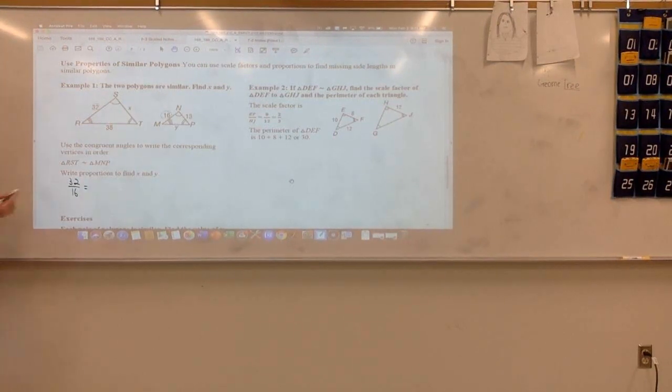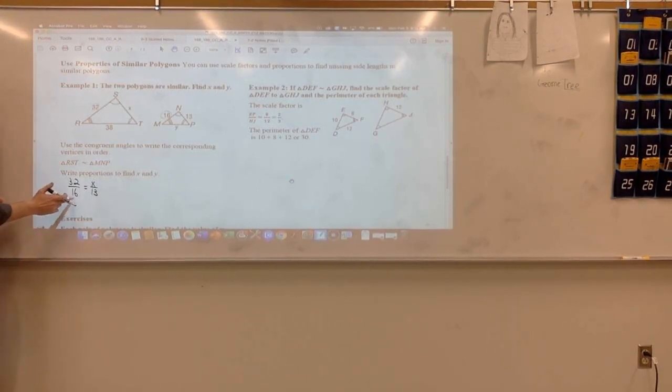These would be corresponding sides. Okay, so I'm writing two fractions equal to each other. To solve a proportion. Remember how to solve a proportion? Cross multiply and divide. Okay?